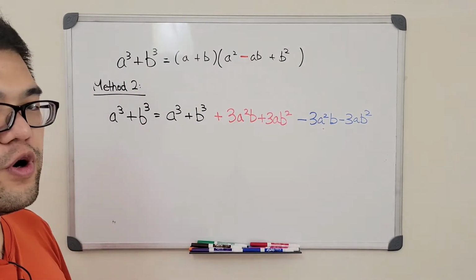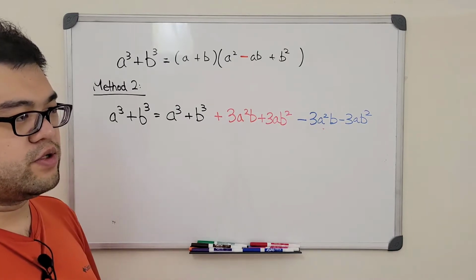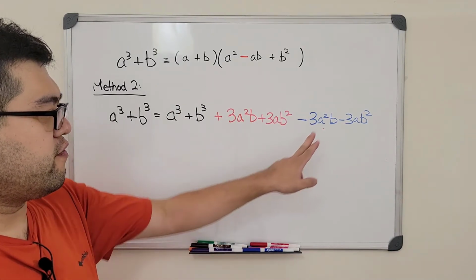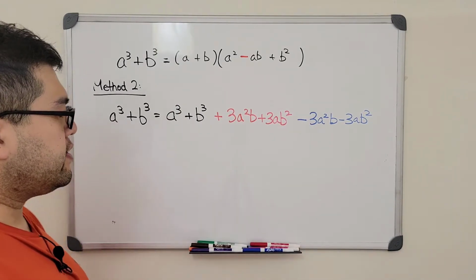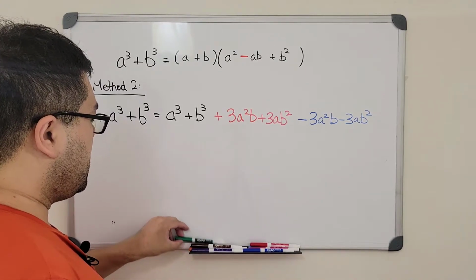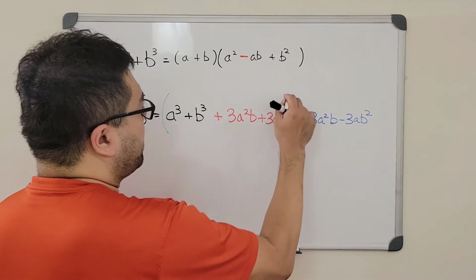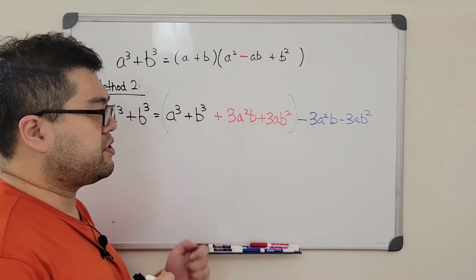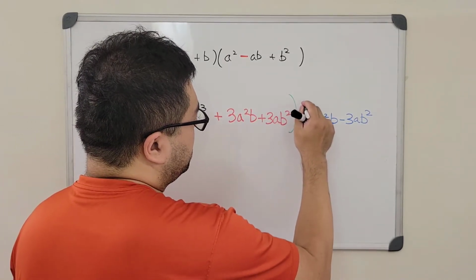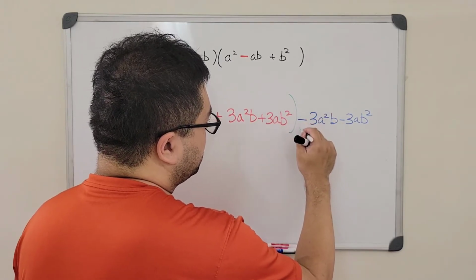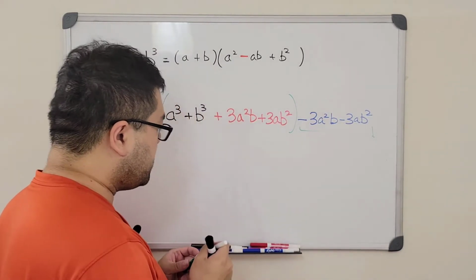And now we're going to do grouping as well. But this time, we're not trying to group by 2 for all the terms that we have. Here is what we're going to do. We will make it into 2 large groups. First, I'm going to take all the positive terms together, and then at the same time, for the negative terms, we'll just group them together.